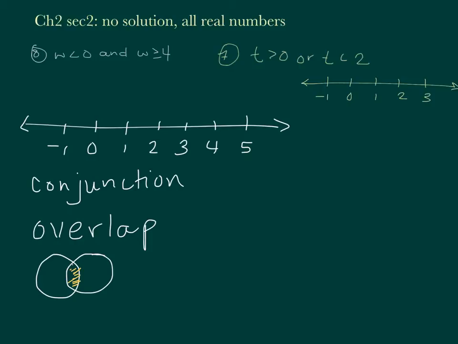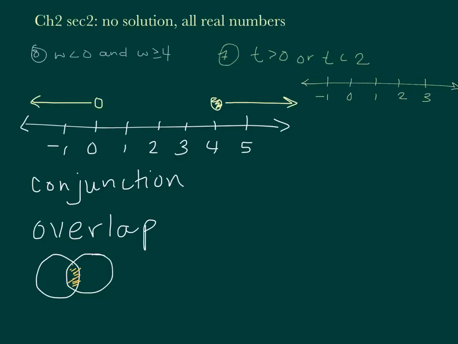So I'm going to put a little circle above the 0 and shade to the left. W is less than 0. Okay, now I'm then going to look at the w is greater than or equal to 4. So I'm going to circle the 4, and then shade in this direction.